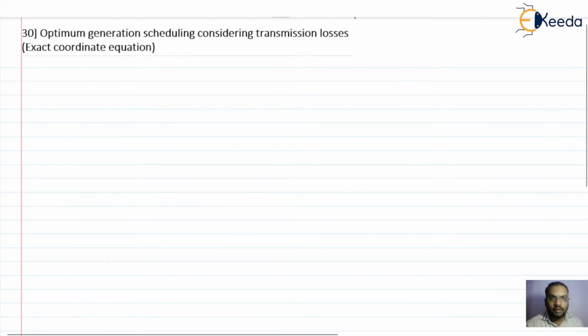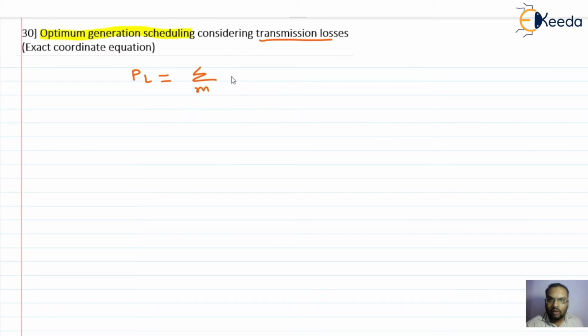So friends, till now we have discussed what is optimum generation scheduling, and in our previous lecture we have discussed transmission losses. We arrived at this equation: summation over m, summation over n, Pm Bmn Pn.